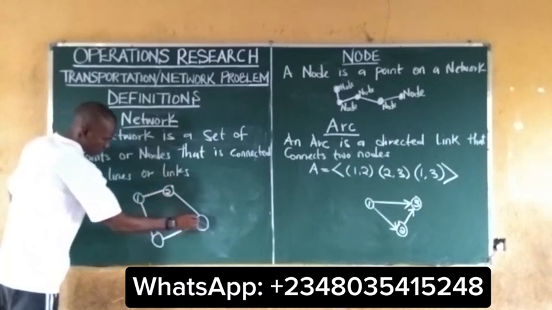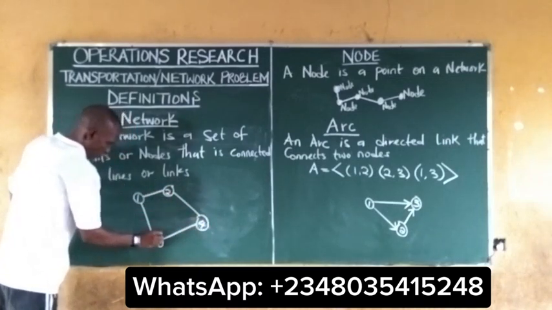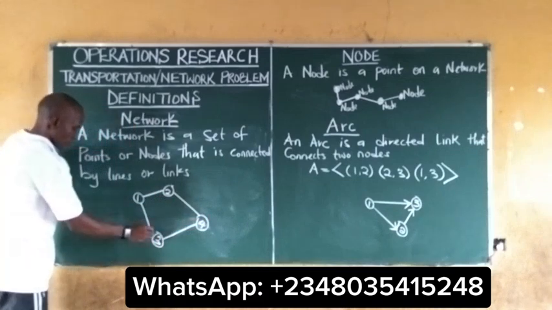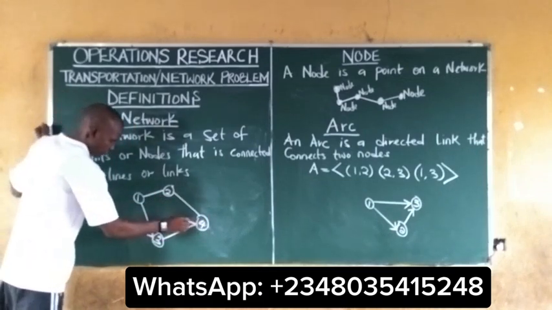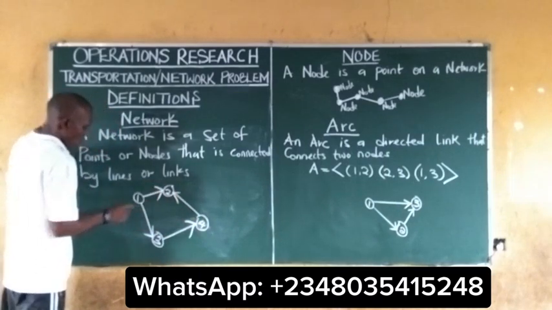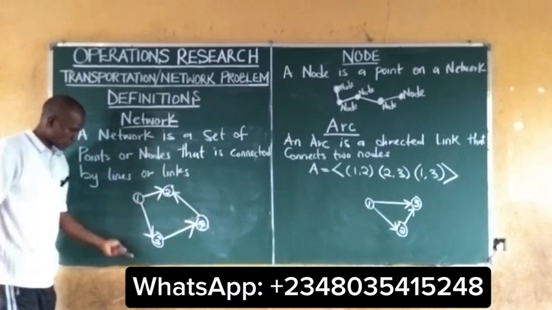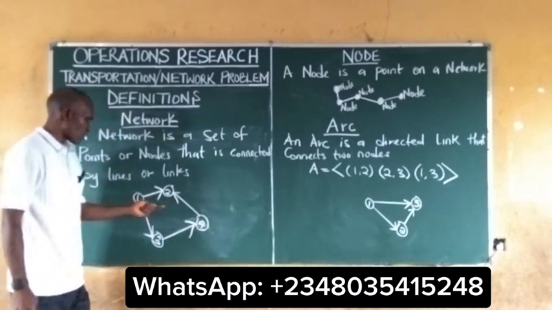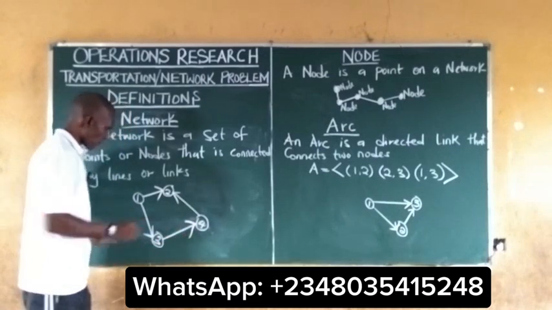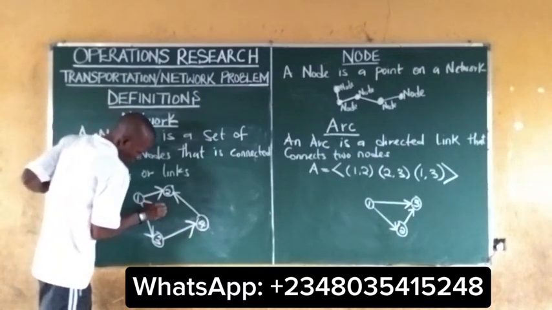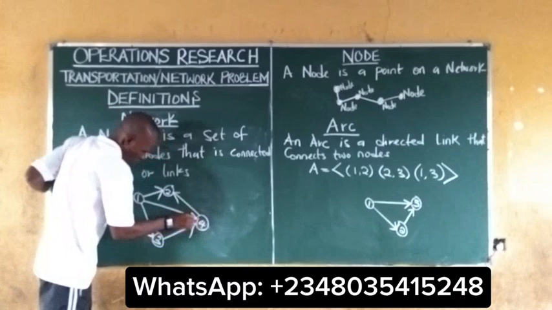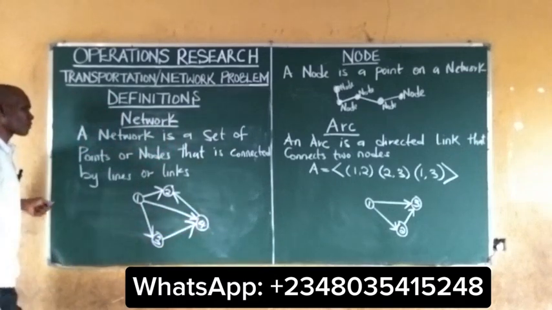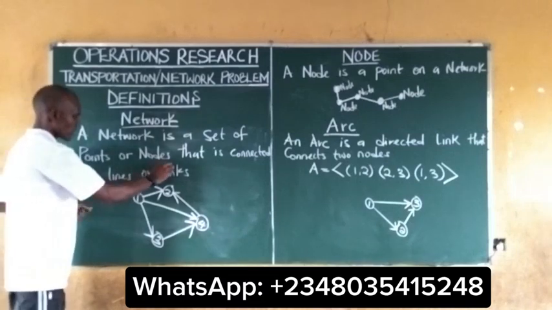one, two, four, and three. You see one is connecting two, one is also connecting three, three is connecting four. One can also connect four. So this is an example of what a network is.